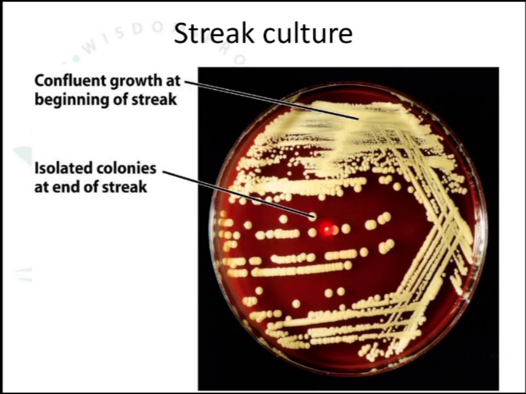At the end of the streak we will get isolated colonies so that we can easily isolate those colonies and subculture them. So this is the streak culture. In this we transfer the suspension of microorganism using an inoculating loop and we get the growth of microorganism on the surface of the culture media only.